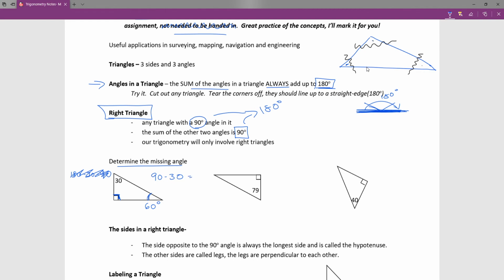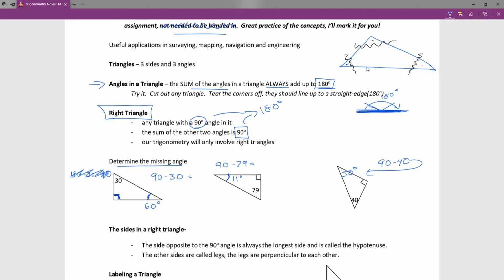And so the missing angle would always be 90 minus whatever the angle you know is. And so that one would make this 11 degrees. On the last one, this one's going to be 50 degrees. And to show my work on that, it's 90 minus 40 to get to that 50 degrees. So starting off easy, not a big deal.